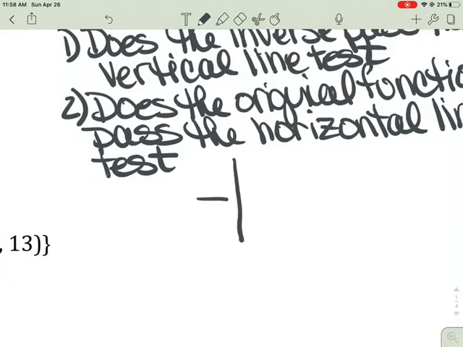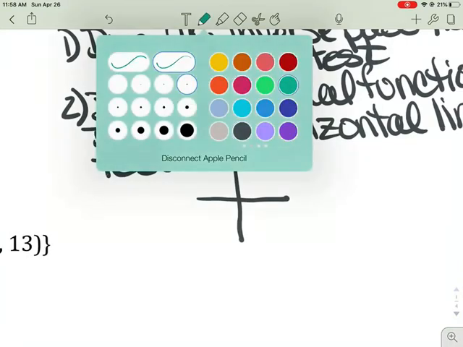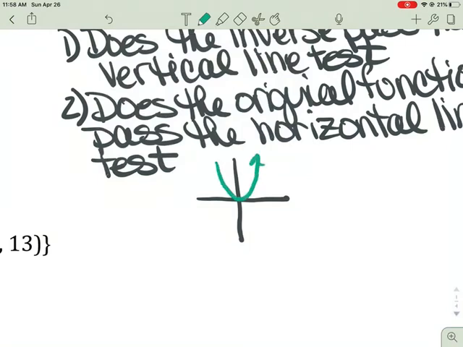For example, here we have a quadratic, a U-shaped graph. The original passes the vertical line test. If we draw a horizontal line through that function, it hits the function twice.